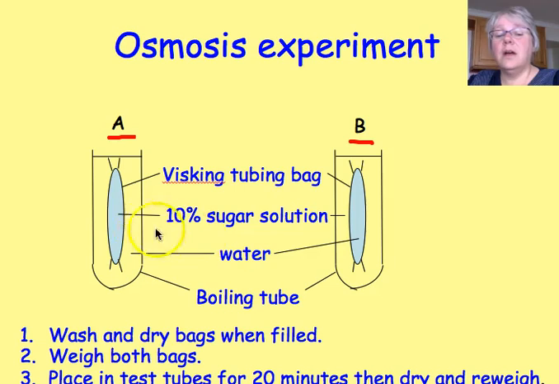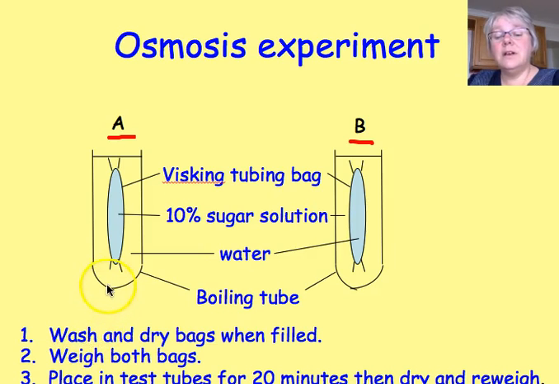So these are called model cells. They're made up to mimic the effect of the cell membrane of the cell, because that's what the Visking tubing does. Now, the bags are washed and dried after they've been filled in order to make sure there's no surrounding solution on either of them and to make sure that it doesn't affect the results.